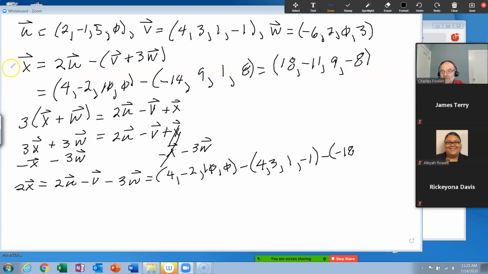I didn't keep housekeeping too well. There's the A part up there, we got an answer, and here's the B part down here that we're working on. We've already got it so far as 2x, we're looking for x, but we got 2x is equal to 2u, which we've got written there, minus v, which we've got written there, minus, and then we're doing 3 times w, so that's the 3w from here. We're tripling this w here.